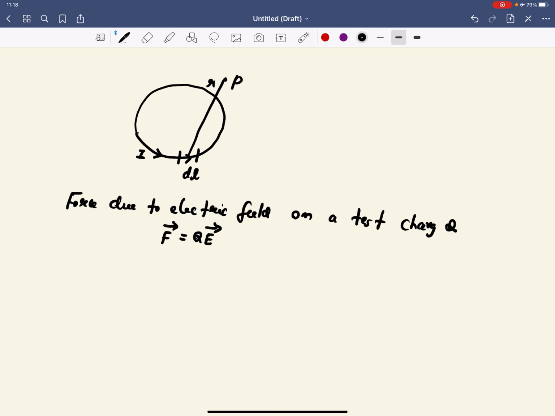Similarly, the effect of magnetic field on a test charge is to induce some magnetic force. And we know that magnetic field curls.